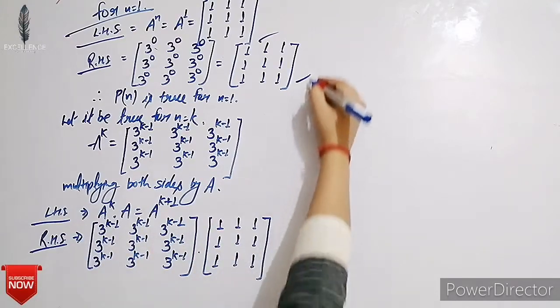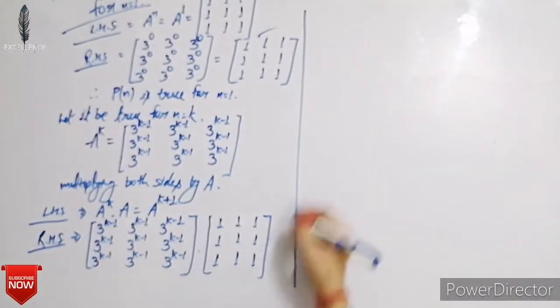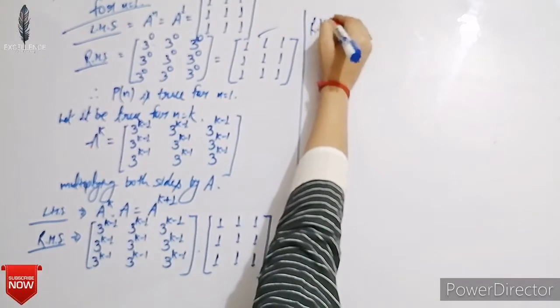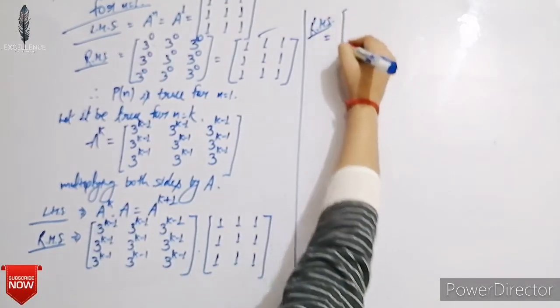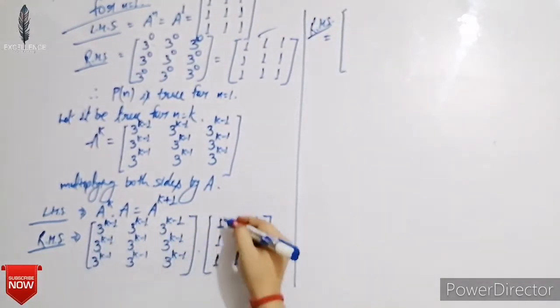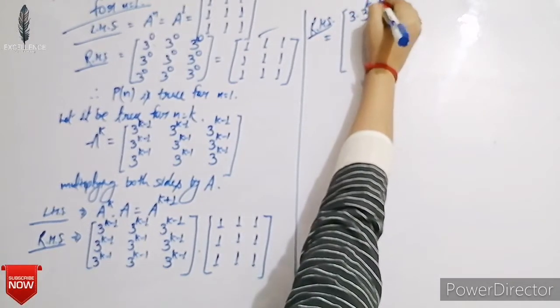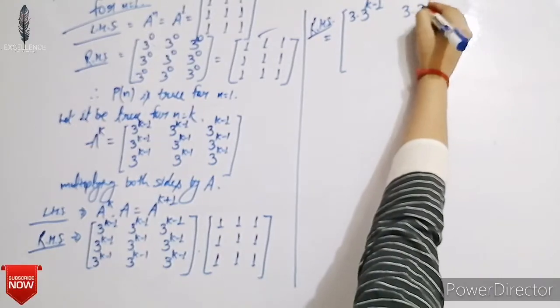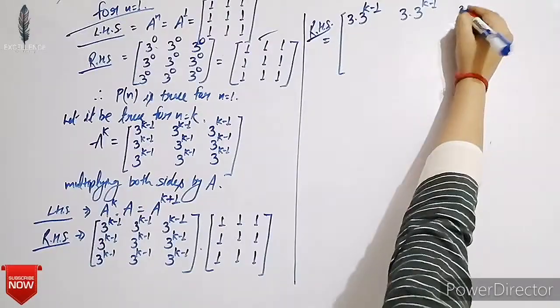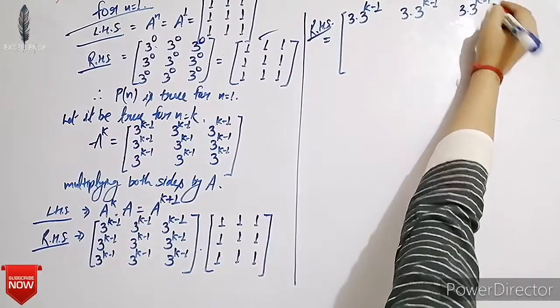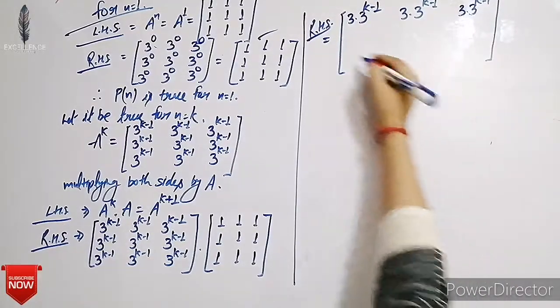Now on multiplying these matrices row by column, then we get RHS is equals to first row by first column, then easily we get 3 raised to k minus 1 plus 3 raised to k minus 1 plus 3 raised to k minus 1 is written as 3 into 3 raised to k minus 1. So each element is equals to 3 into 3 raised to k minus 1.